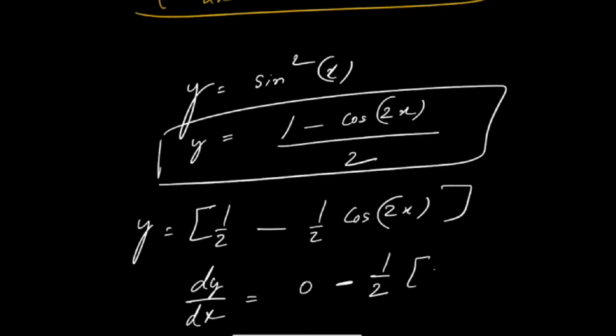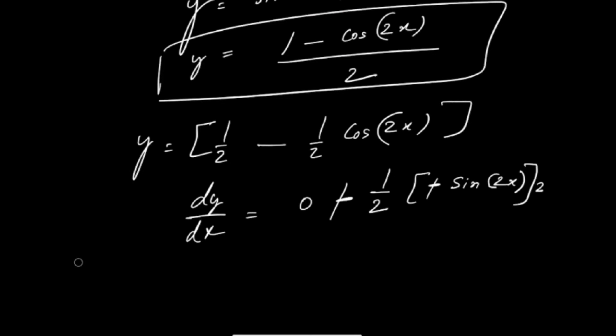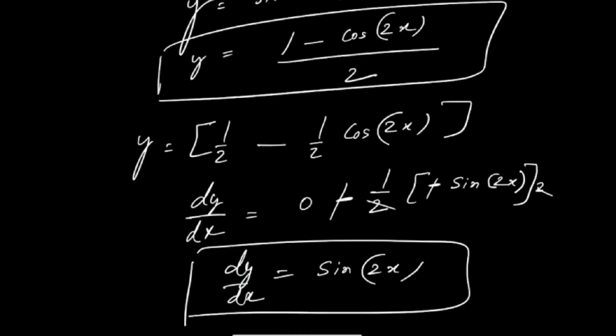So cos 2x is also minus sin 2x, but in place of x there was 2x, right? So I have to multiply by the derivative of it. What is the derivative of 2x? It is 2 into the derivative of x, which is 1. So it is 2 into 1, 2. So what do you get here? This minus minus will become plus. This 2 and this 2 will cancel. What will remain? Sin 2x. So either way, if you do it like this or like this, you will get sin 2x.